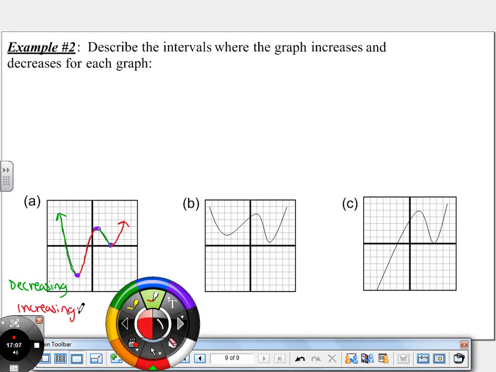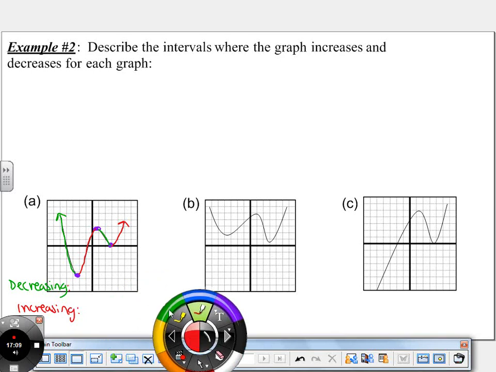And now how to say what's increasing and what's decreasing. So we were decreasing from here forever, to the left, until we got to here. So along the x-axis, every value that way is going to be along the graph while the graph is decreasing, until we hit this point right here that's at this x value, say negative 2.5.